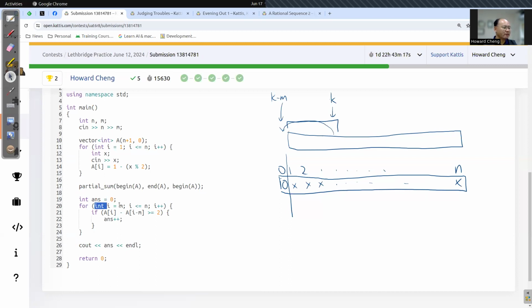So for I from M to n, these are all the possible places where a window ends. M is the place where the first window ends, and n is the place where the last window ends.